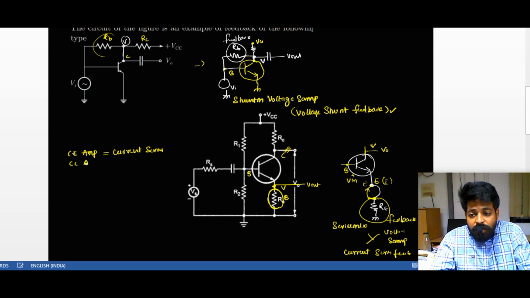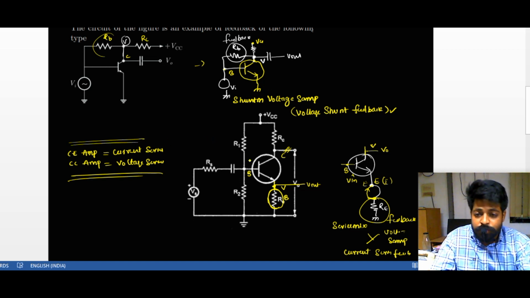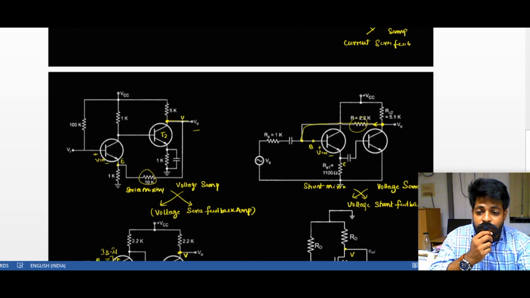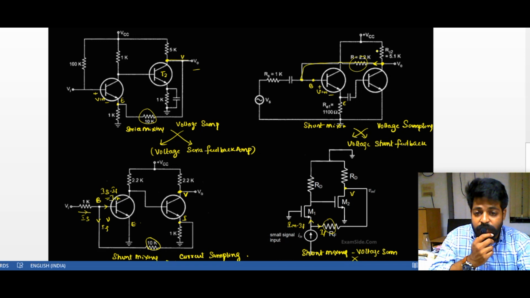If it is a common collector amplifier, it is a voltage series feedback amplifier. So this is how we define a topology for any kind of feedback amplifier, based on identifying the sampling type and mixing type.